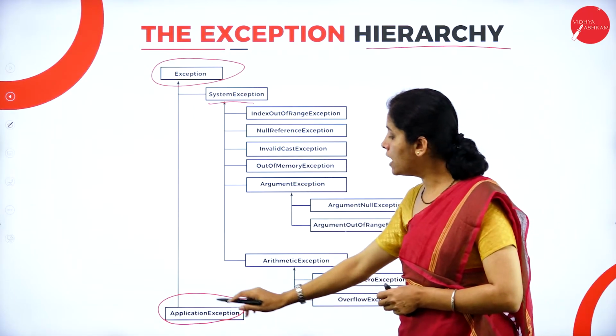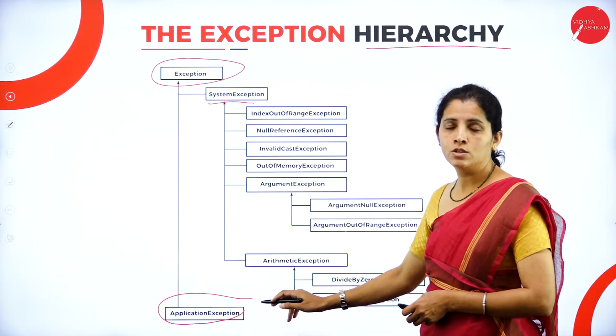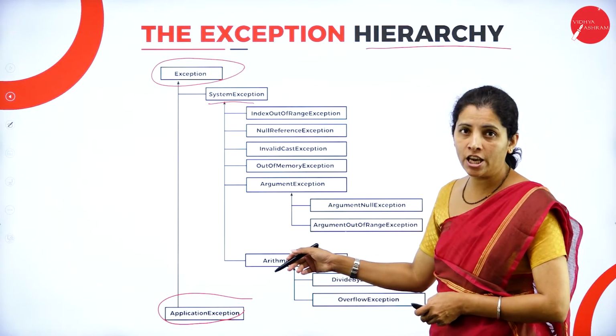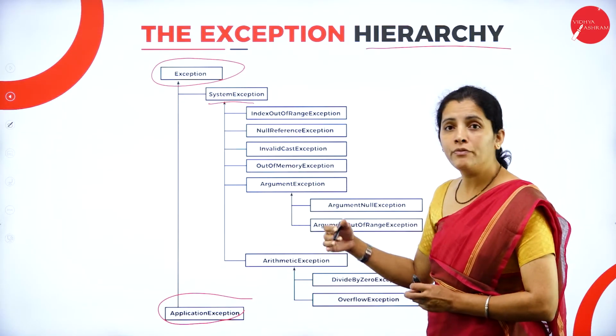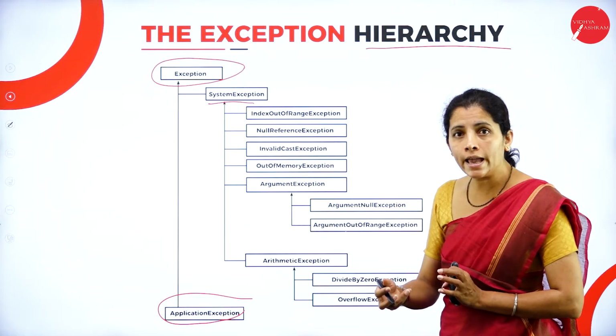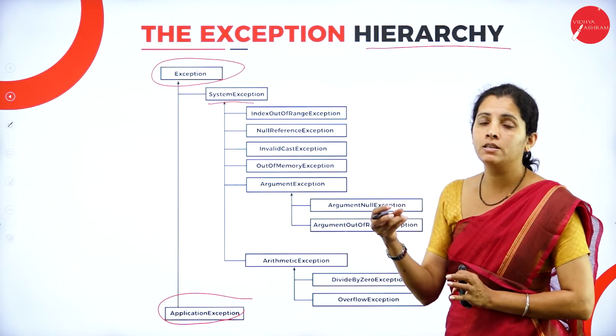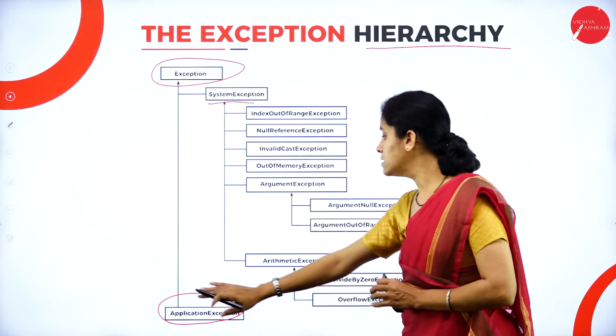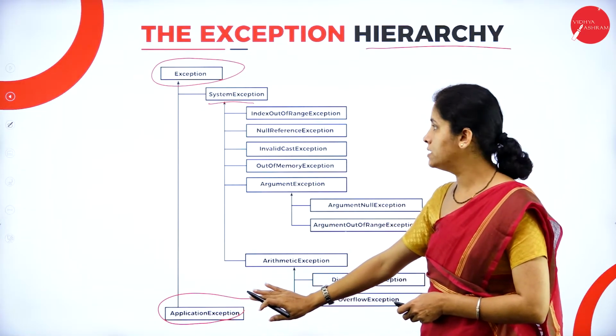And what about application exception? So dear student, during the designing of an application, if we get any error or any exception while designing the application, that is known as application exception.